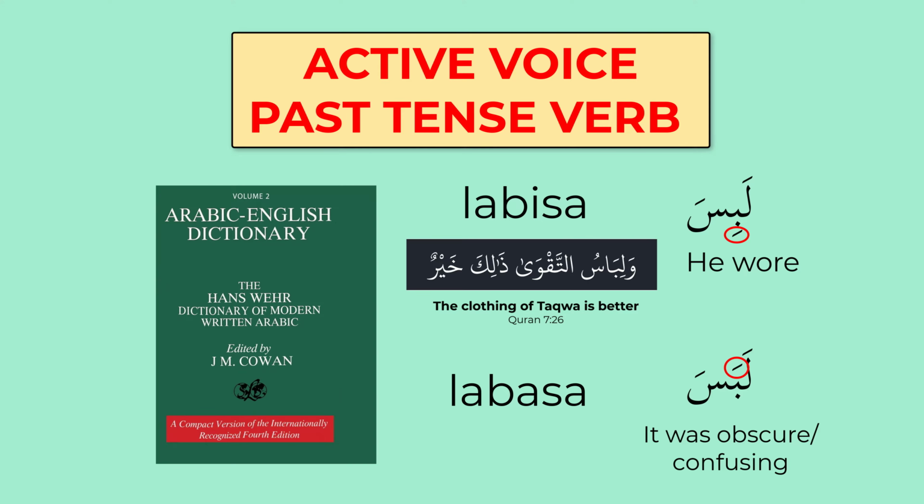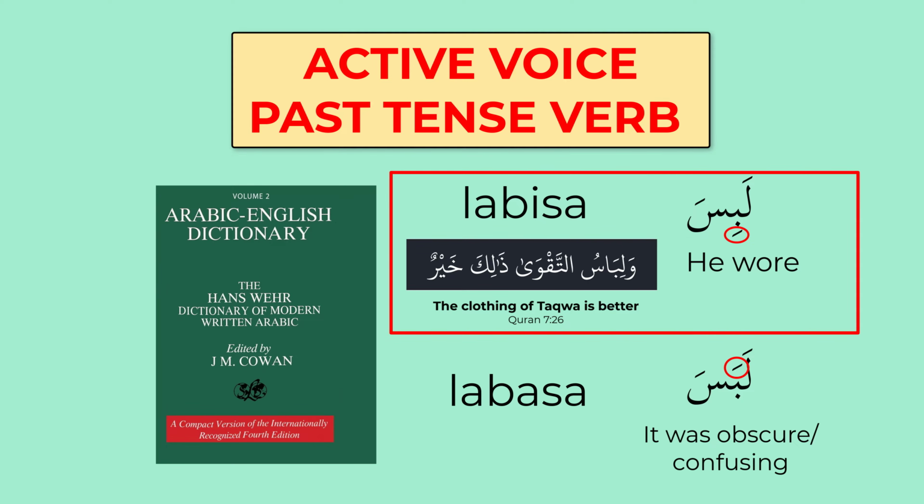Now, if you were to go to the Hans Wehr dictionary and look up this entry, you will only find labisa. It doesn't mention that there is a different verb form for both of these meanings. Both meanings are mentioned in the dictionary, but under one verb form. The reason for this is that the Hans Wehr dictionary is a dictionary of modern standard Arabic, not Quranic Arabic.